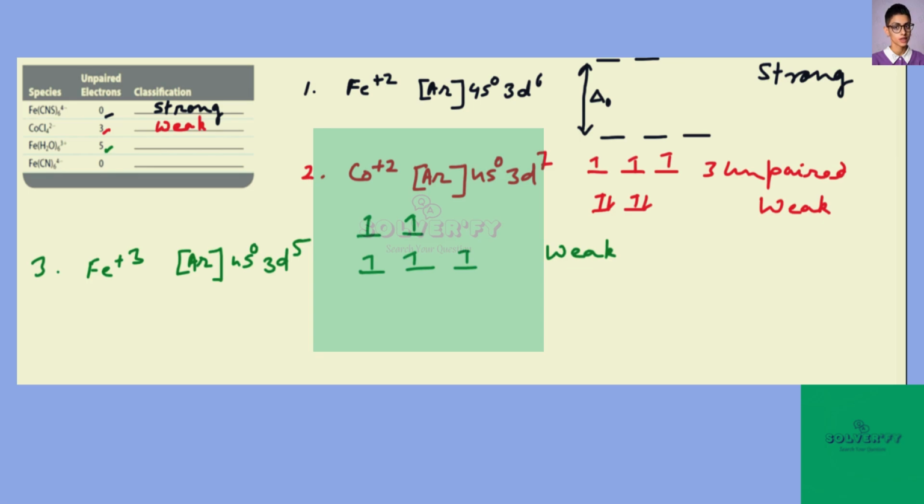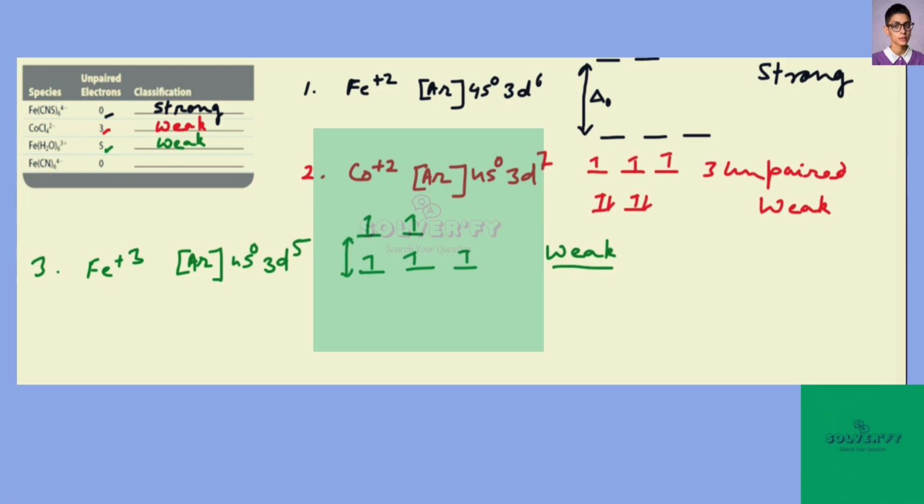So by this we can explain very well how 5 unpaired electrons are present in it, because the splitting is less, and this less splitting is possible only when the ligands are weak. So here the answer should be weak.